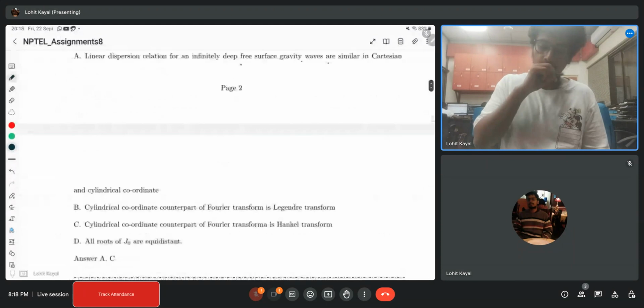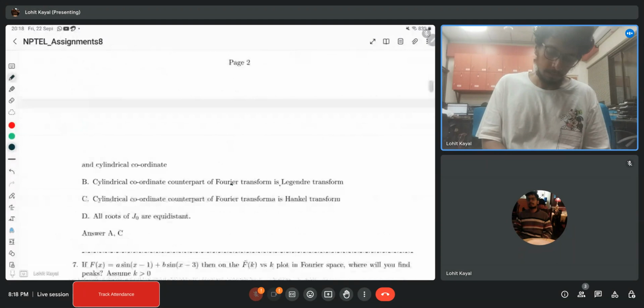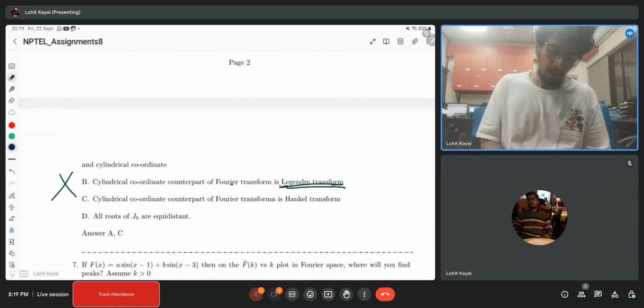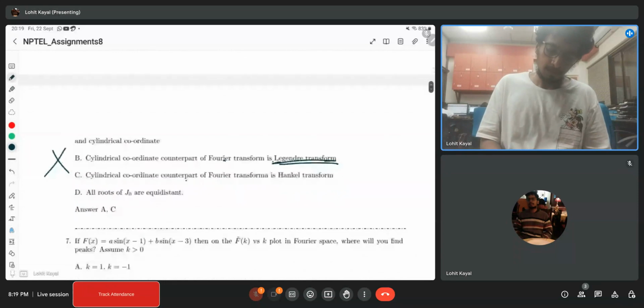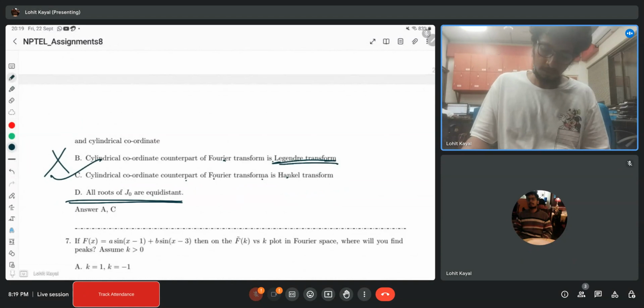Option B: the cylindrical coordinate counterpart of the Fourier transform is the Legendre transform. No, this is not right. Legendre transform is for the spherical geometry, not cylindrical geometry. For cylindrical coordinates, the counterpart of the Fourier transform is the Hankel transform. This is right. You can find the roots of J0 numerically.